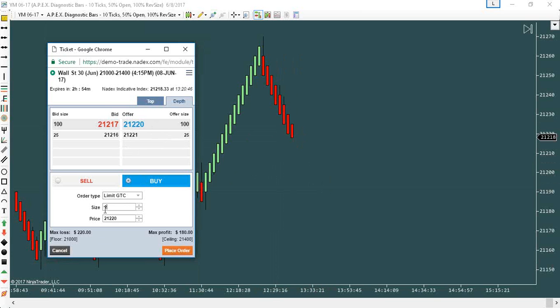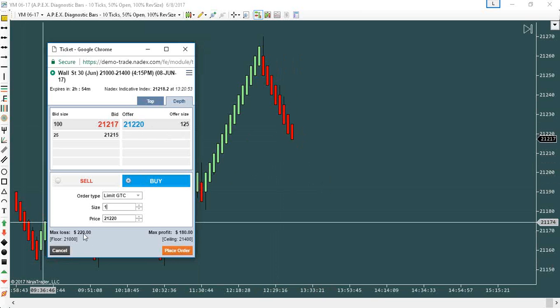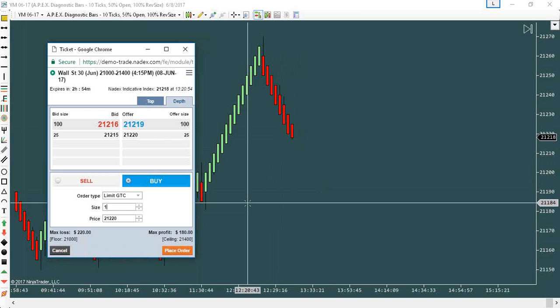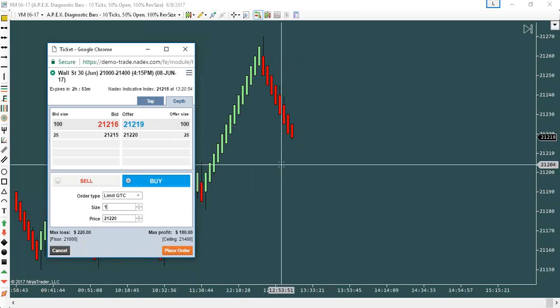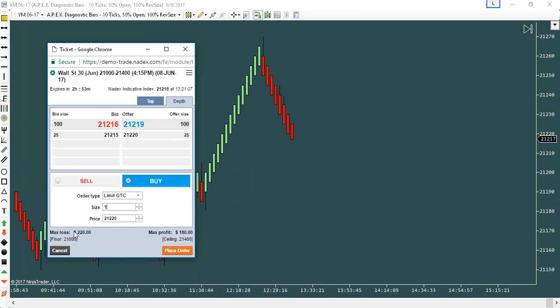I'm down $30. Right, Terrence, if I bought it at 220 and I got out at 190, then I'd be down 30 bucks. Yeah, exactly. Okay. So what would have to happen in order for me to lose this full max loss of $220?